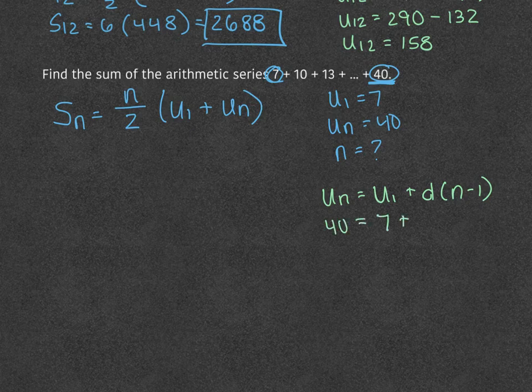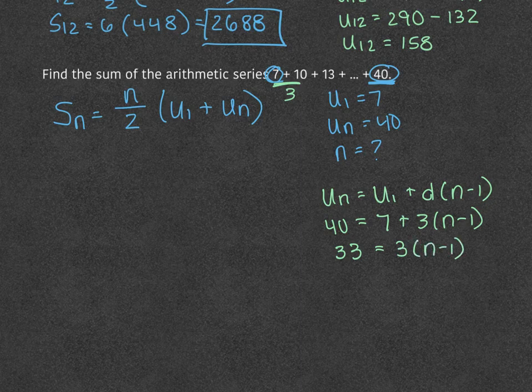This is 7. My common difference I can find, 10 minus 7 is 3. So 3 times n minus 1. And I can use that to solve. So then I get 33 equals 3 times n minus 1. Dividing by 3, I get 11 is n minus 1. So n would be equal to 12. So this would be my 12th term right here.